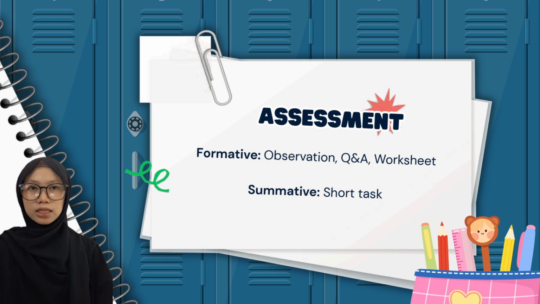Formative assignment is conducted during the learning process. For example, the students participate in activities like word building and sentence making. The teacher can observe their understanding. Meanwhile, summative assignment is done at the end of the lesson.